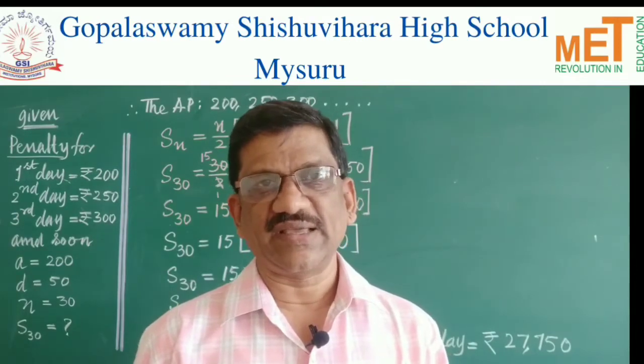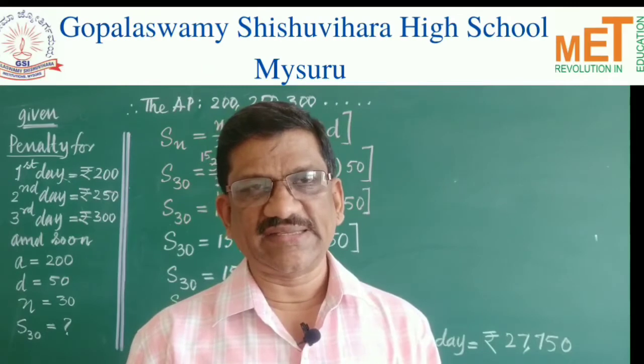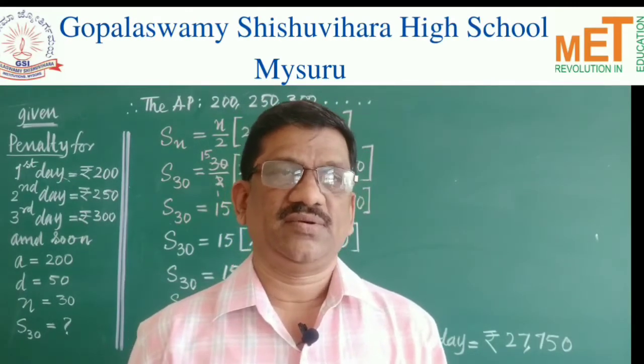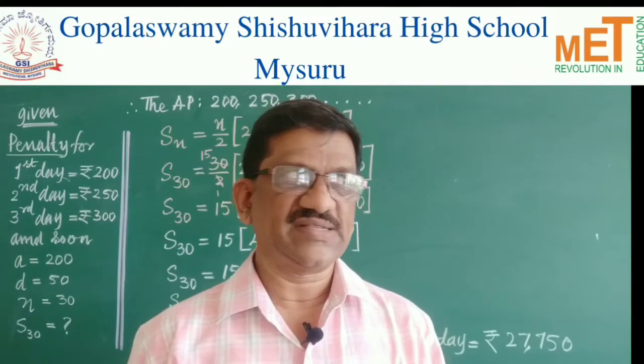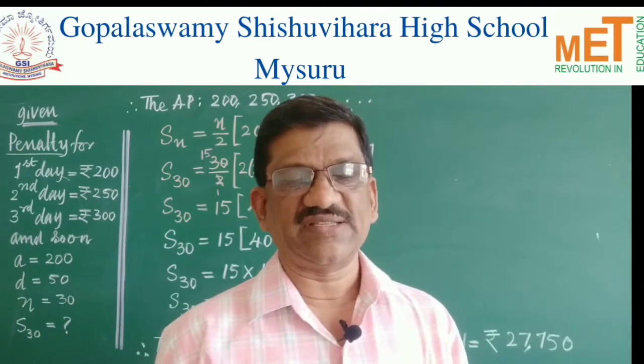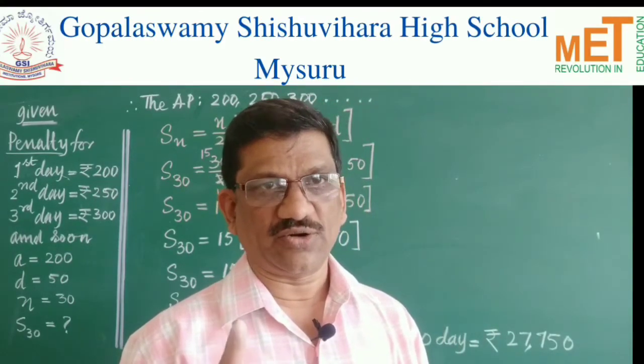If he has delayed by 30 days, we have to calculate how much penalty he has to pay. If he has delayed one day, he has to pay for the first day 200 rupees, isn't it?